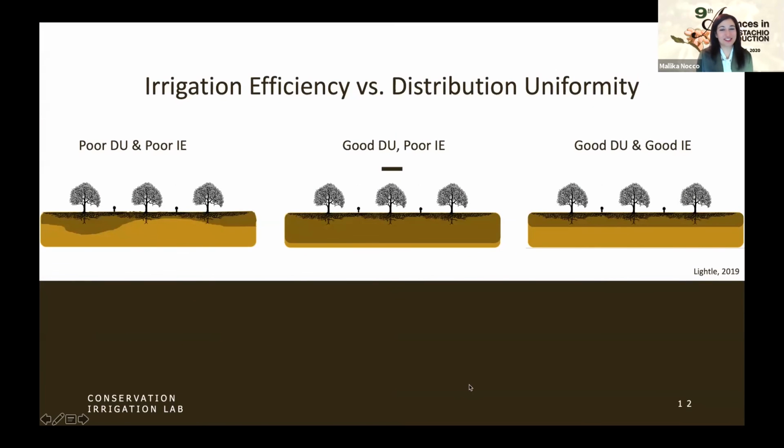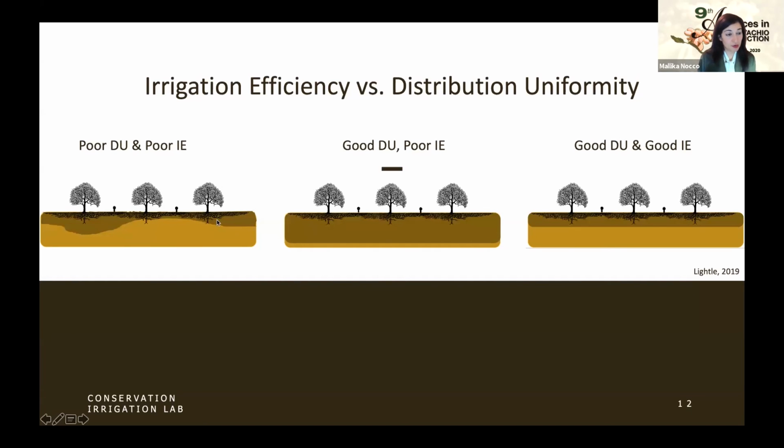Okay, so here are some pictures. And this is one of those moments where I wish that we were all in a room together, because I could ask all of you some questions and do this as a little quiz. But here is an example of poor distribution uniformity and poor irrigation efficiency. If you were to take this pattern and apply it over the course of a whole season, as you can see, maybe there are differences in the pressure, there's some blockage going on or something, and you've got a lot of water being applied to this tree, and then these trees over here are maybe not receiving as much water as they need.